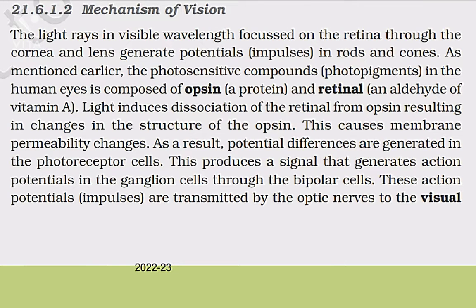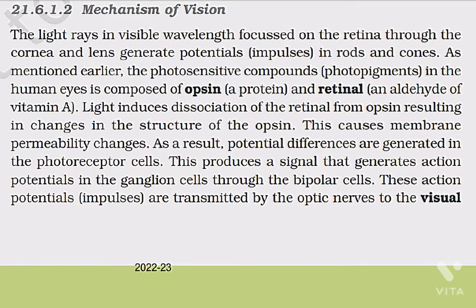21.6.1.2 Mechanism of vision. The light rays in visible wavelength focused on the retina through the cornea and lens generate potential impulses in rods and cones.